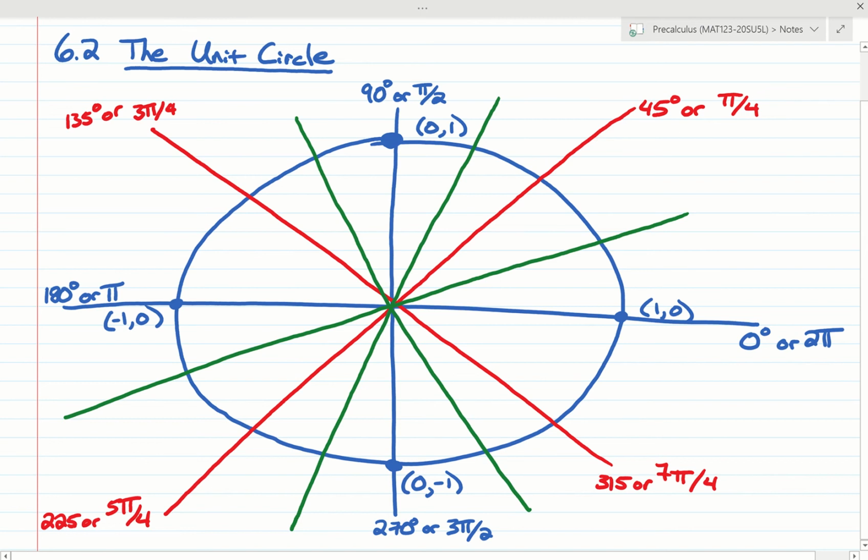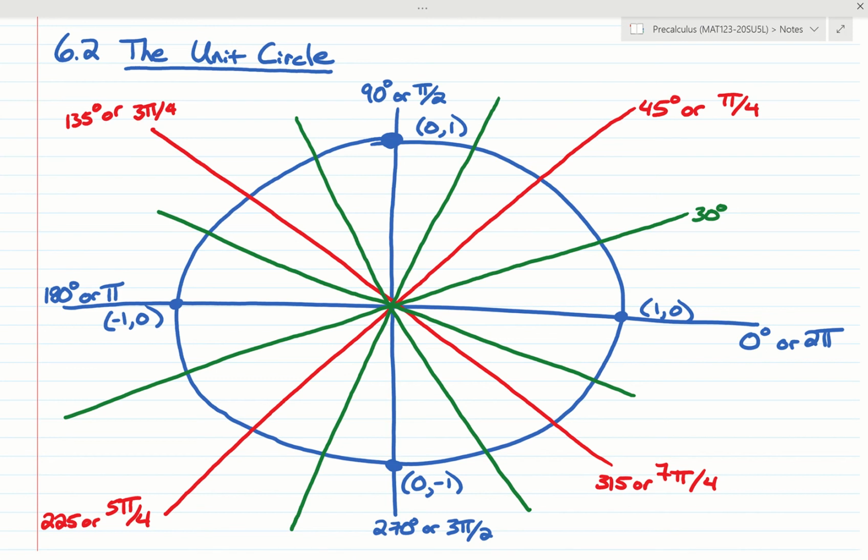I'll draw another 30-degree line. And I think we have all 30-degree increments. Now this will be 30 degrees. If 90 degrees is pi over 2, if we divide that by 3, we'll get 30 degrees. So this is pi over 6.